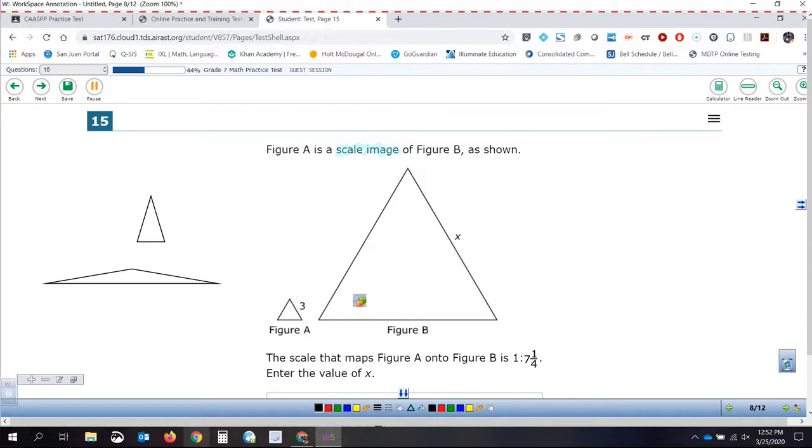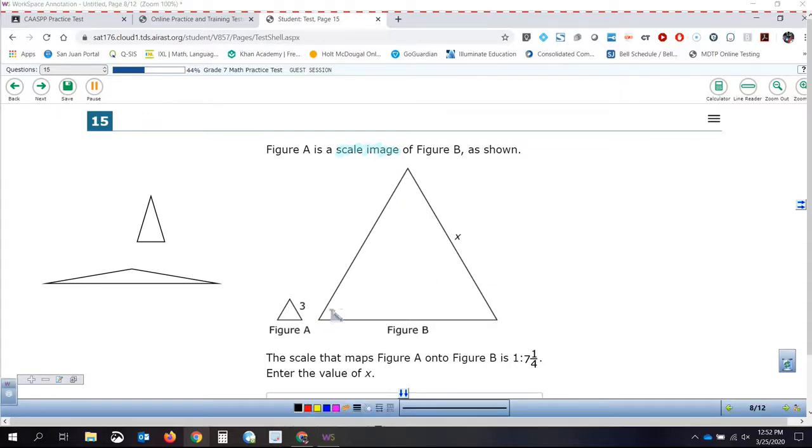Not only are these both triangles, but if I were to shrink this one down, if I could pull it by the corner, it would look the same. There's no way to shrink this one down and turn it into this one, or make this one smaller and turn it into that. A scale image is the same shape but a different size.